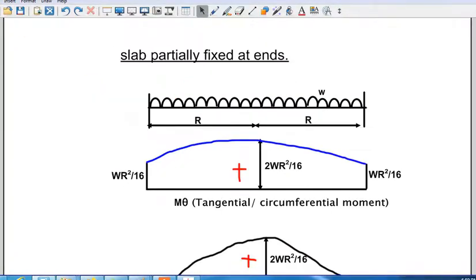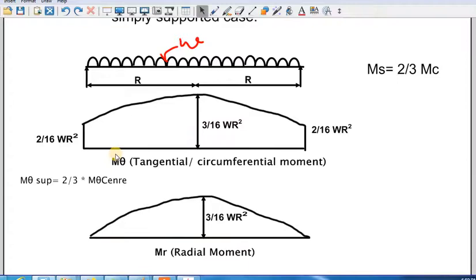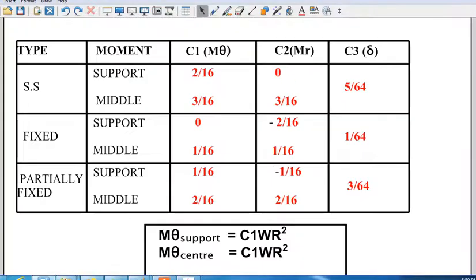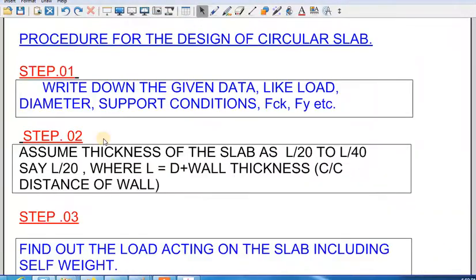The simply supported case: M theta at support is 2 by 3. This is not MR, I think there was a small error.